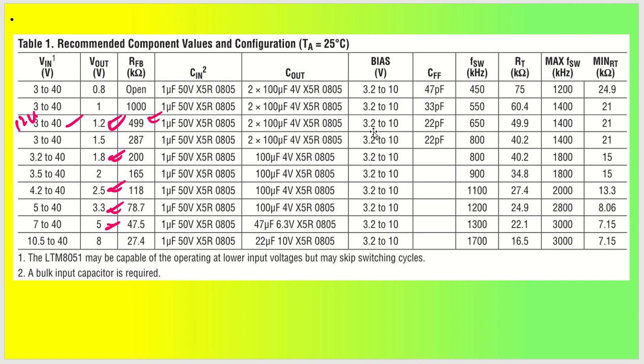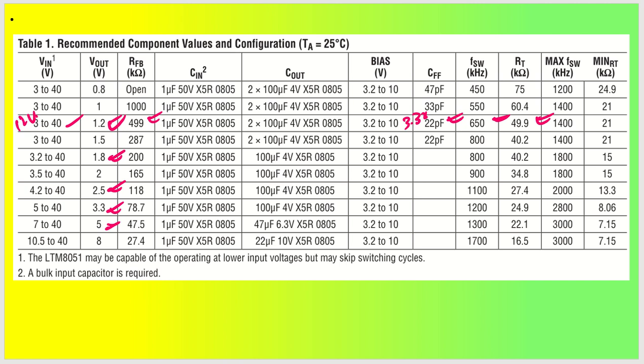You can put the bias voltage from 3.2 volt to 10 volts. Generally I keep a 3.3 volt bias voltage, and the feed forward capacitor is 22 picofarad. If you want a 650 kilohertz switching frequency, you can put an RT resistor of 49.9 kilo ohm, and this is how you set it up.